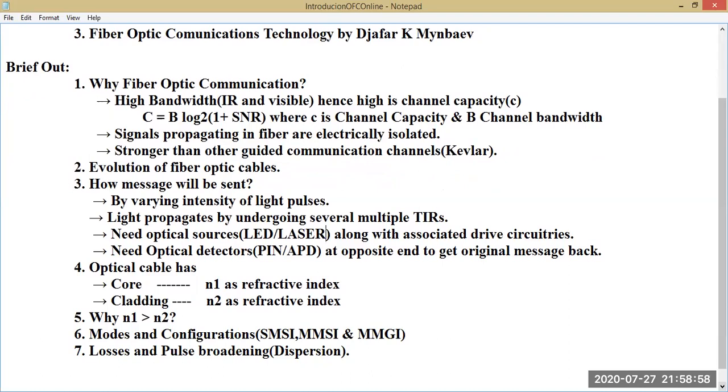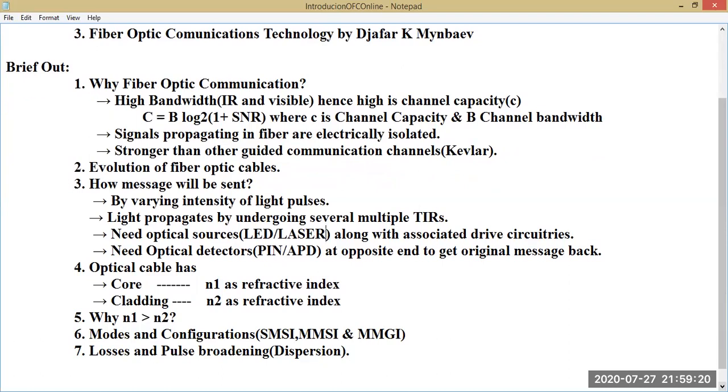After that, I just want to discuss the modes and configurations of this optical fiber cable briefly. Probably you have got some idea about the modes, and similarly some idea about the configurations of the optical fiber cable. So what do you mean by a mode?